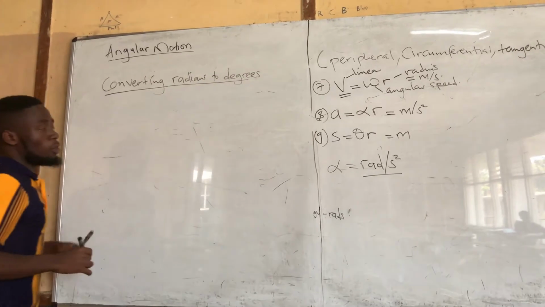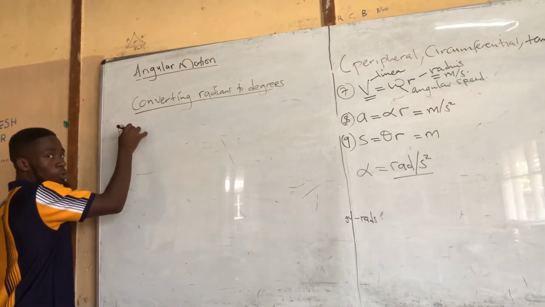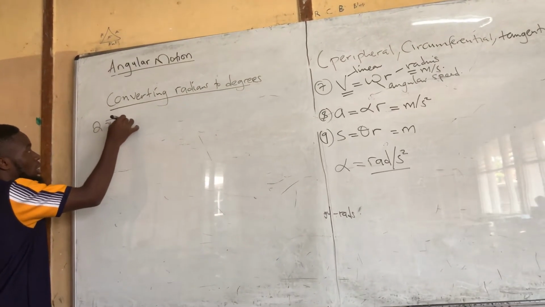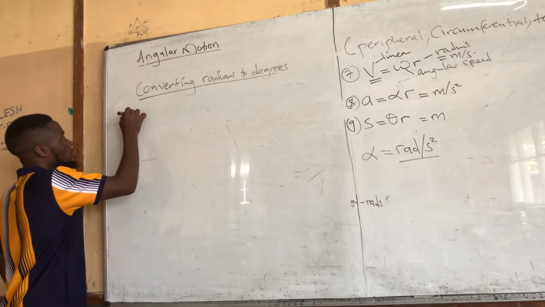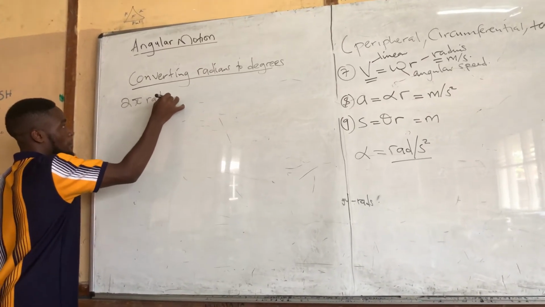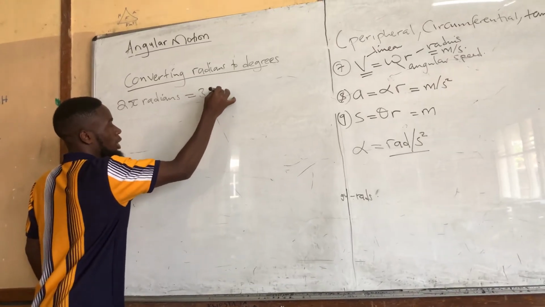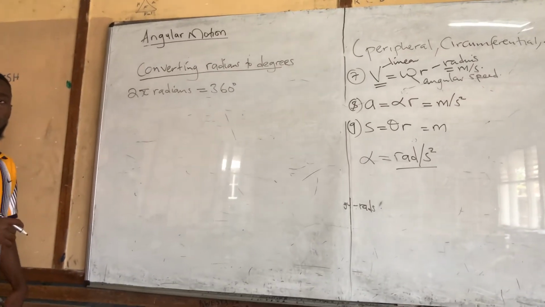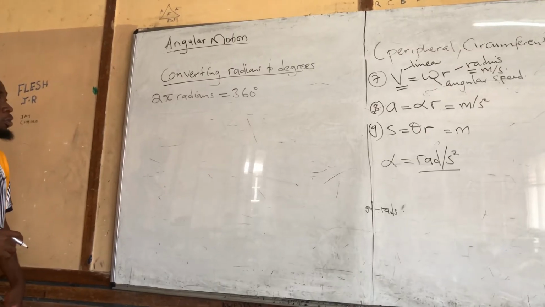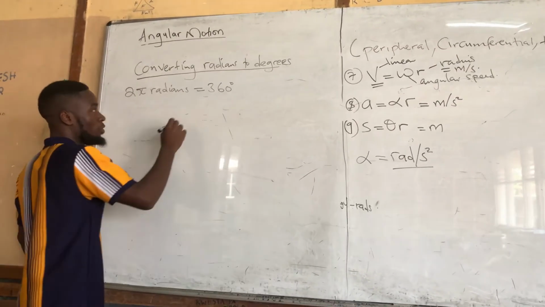Here the conversion factor that we use is this: 2 pi radians is equal to 360 degrees. What if we divide both sides by 2?